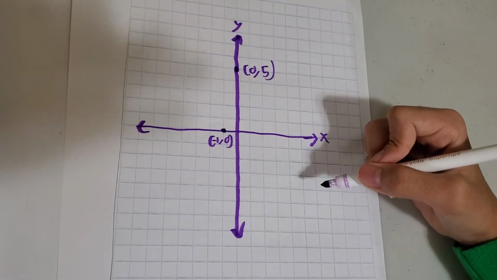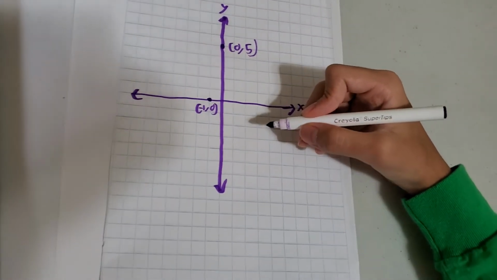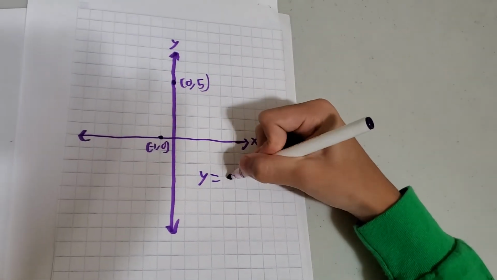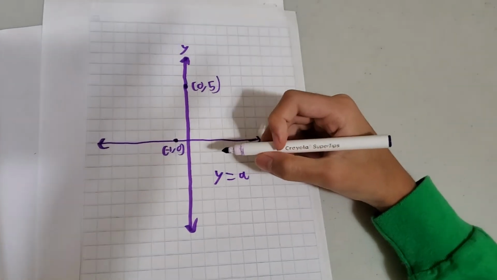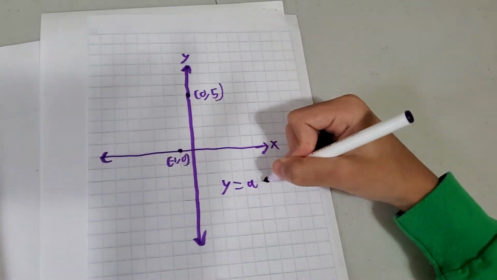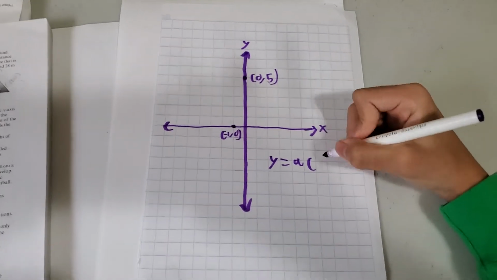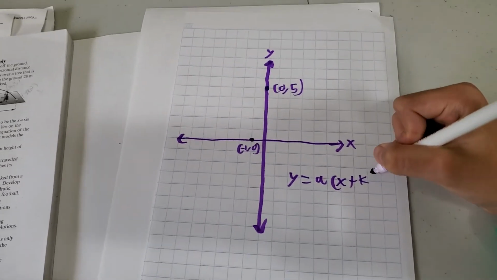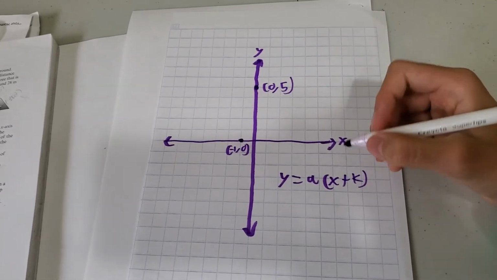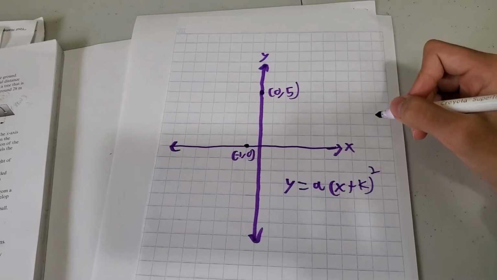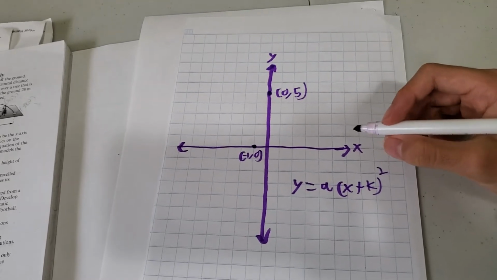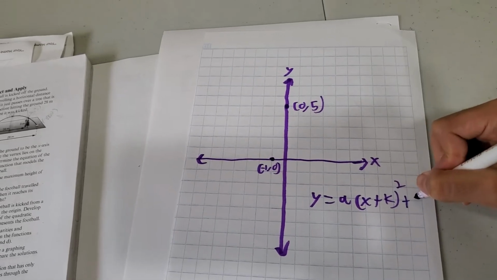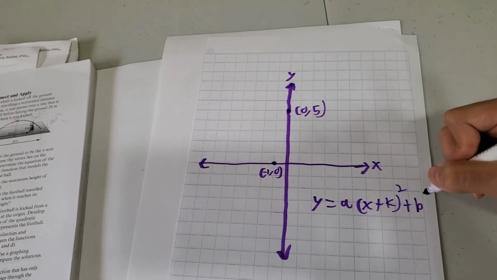So we're going to be using the general form of a quadratic function. y equals a, for the vertical stretch or compression, times (x plus k) for the horizontal translation, squared because it's a quadratic function, so the degree is 2, and plus b for the vertical translation.